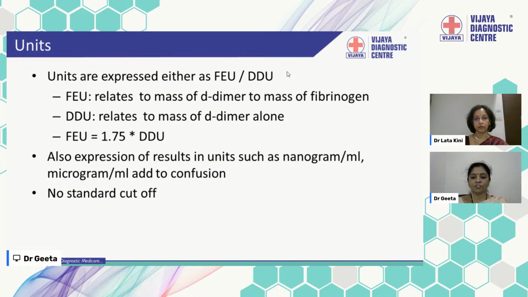Further, there is a lot of confusion because of nanogram per ml and microgram per ml, and these have to be kept in mind when treating the patient. There is no standard cutoff to the values of D-dimer because it is age dependent, and it also increases in certain circumstances like post-surgery, trauma, and also in elderly patients. Hence, it has to be taken care of when treating a patient.